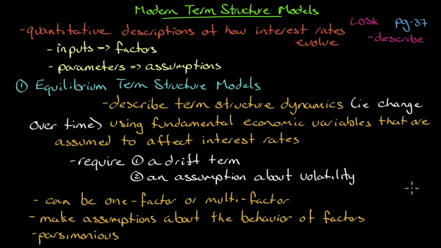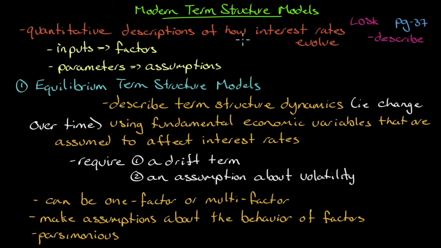So they are quantitative descriptions of how interest rates evolve over time. So they're models. Well, whenever we have a model, we know it's a simplification of reality. We accept that. We accept that simplification to get some kind of explanatory power to make things simple. But we're going to need some things. And typically we need two things when we have a model. We need some inputs to the model.